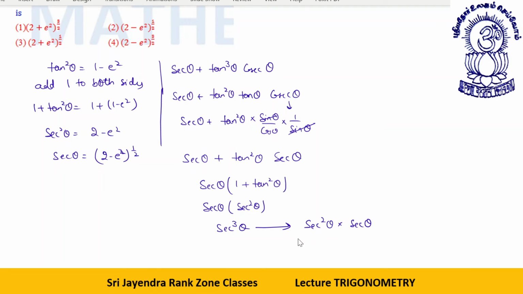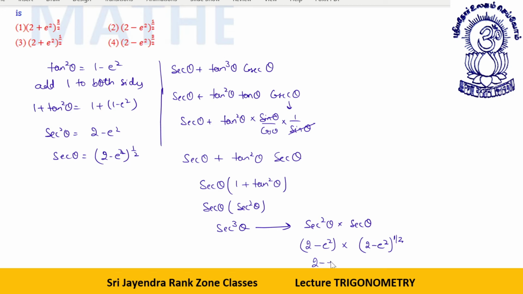Secant square theta is 2 minus e square, and secant theta is (2 minus e square) raised to the power half.